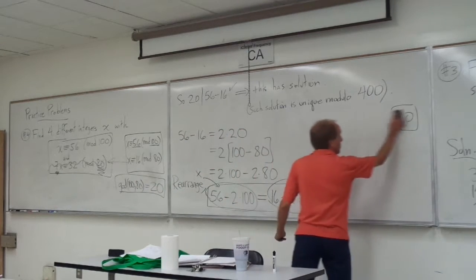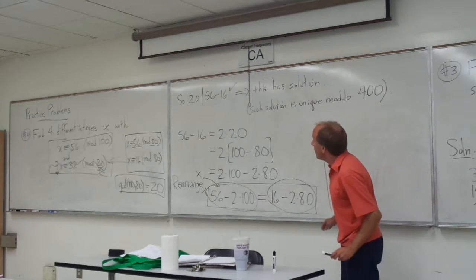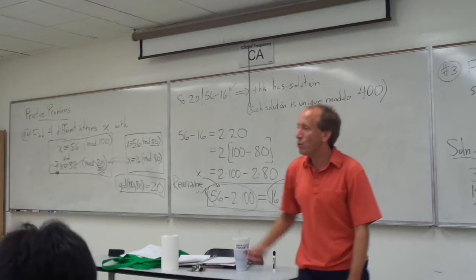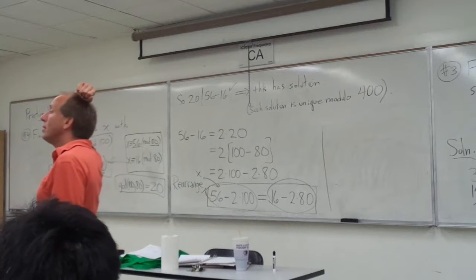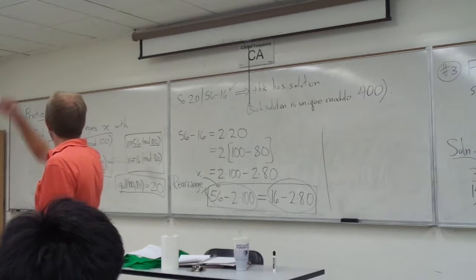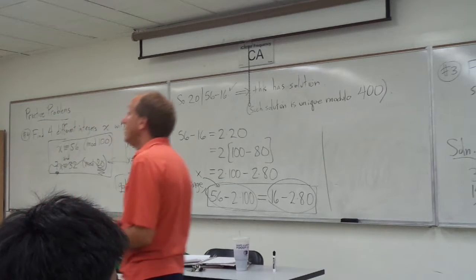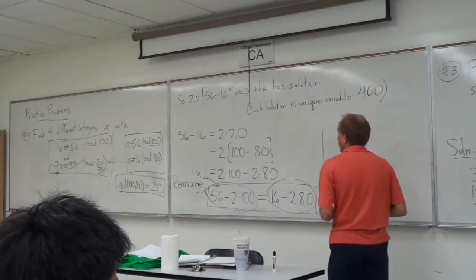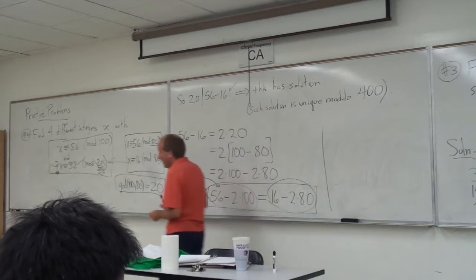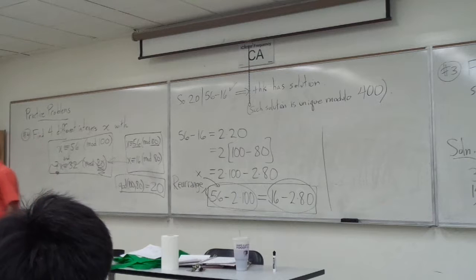Not too bad, really. I mean, really not that much work on the board here. It's a very short bit of work. Yeah, Jeff? After we got the x congruent to 16 mod 80, if we saw it by inspection, would that be okay? You're going to make me make the numbers bigger and bigger, aren't you?